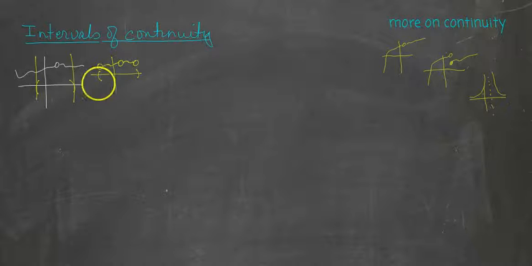And so this could be an interval that is open on both ends and contains a point at which the function f of x is undefined or discontinuous at f of c, or at c.